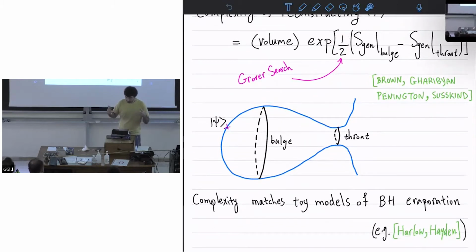Okay, so one of the main motivations behind this work was to match the independent expectations from toy models of black hole evaporation, that reconstructing the interior from the radiation around the Page time is an exponentially complex task. This wasn't quite working well with the complexity-volume correspondence because the volume of the black hole around the Page time is not exponentially large.